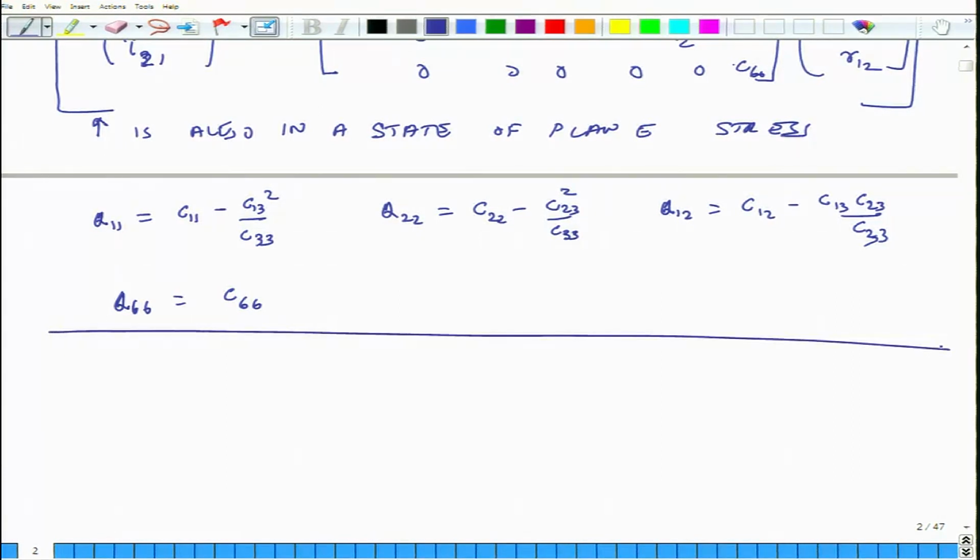So, these are the relations between the Q's and the C's, and what we see is that for a plane stress what really matters are these 4 terms, so basically we have 4 fundamental elastic constants.